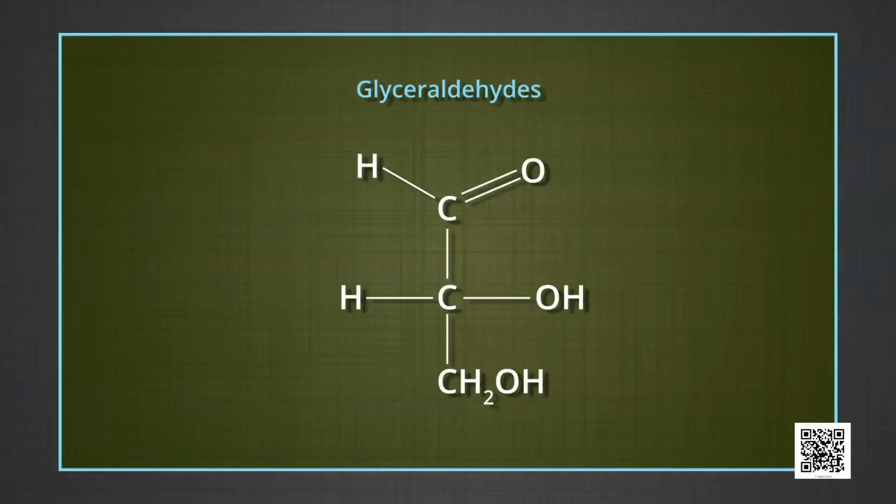First is triose. The trioses are monosaccharides having a chain of 3 carbons, that is, first is the aldehyde group, the second carbon having one H group and one OH group, and the next third carbon, that is CH2OH group, that is the alcoholic group.